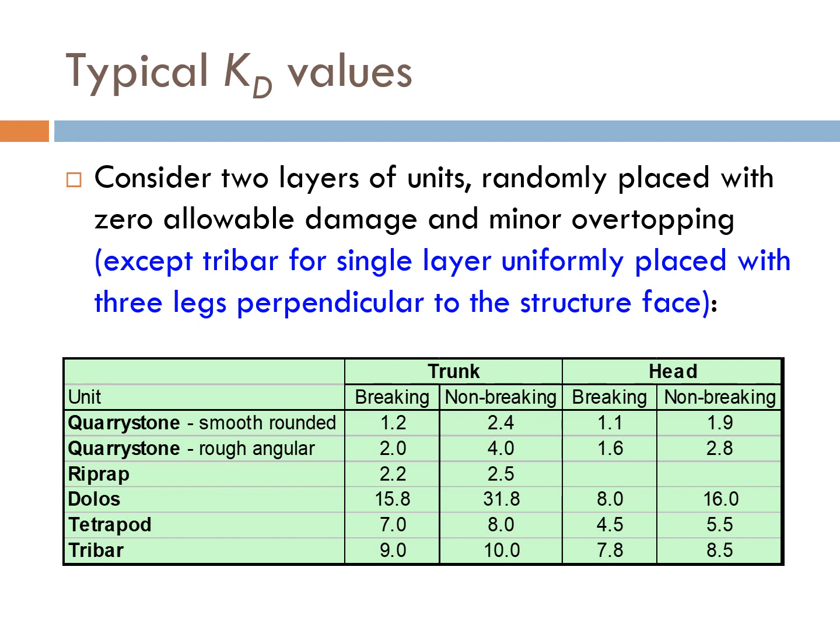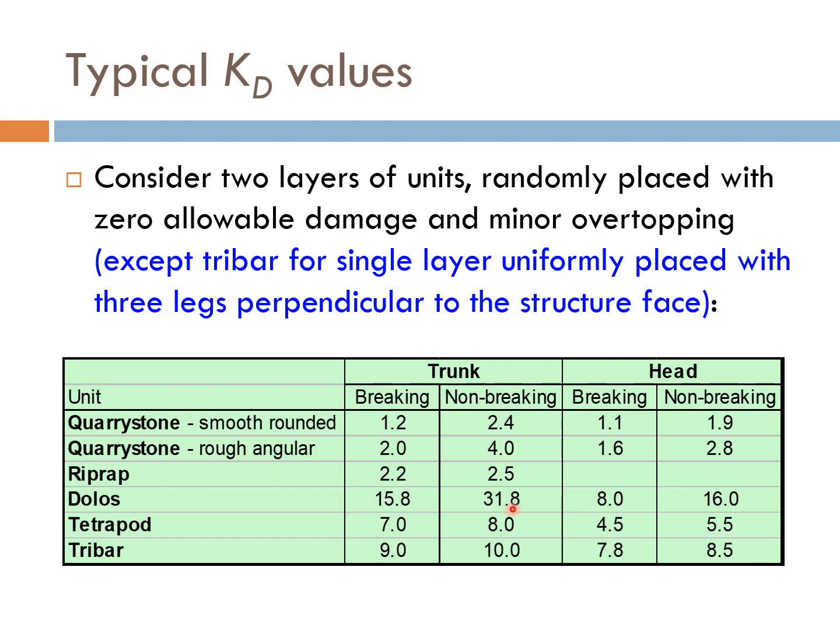Consider two layers of units randomly placed with zero allowable damage and minor overtopping. Then the stability number for different armor units at the trunk and at the head, for breaking wave and non-breaking wave conditions, is as shown in the table.